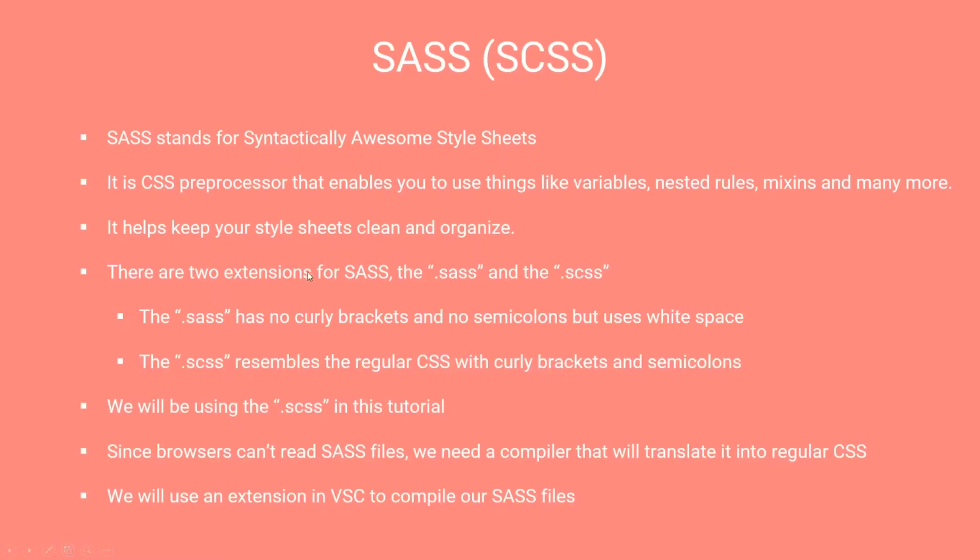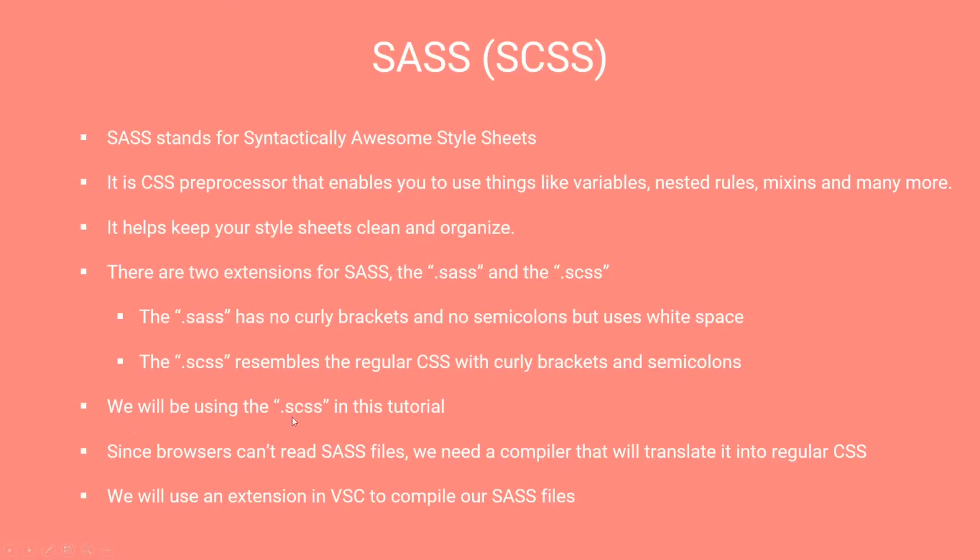There are two extensions for SASS, the .SASS extension and the .SCSS extension. The difference between these two is that .SASS has no curly brackets and no semicolons, but uses white space. The .SCSS resembles regular CSS with curly brackets and semicolons.